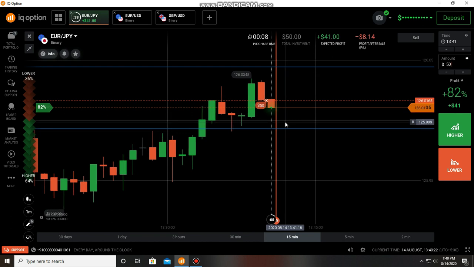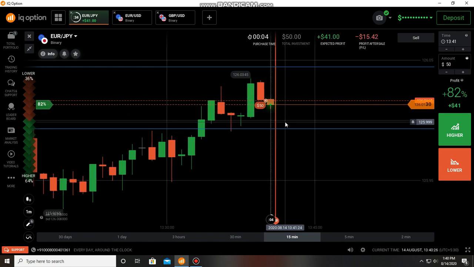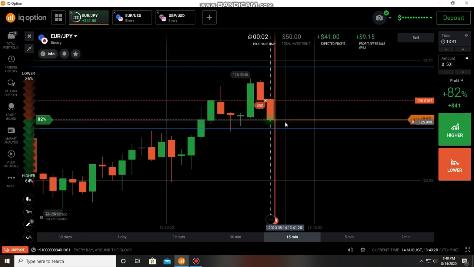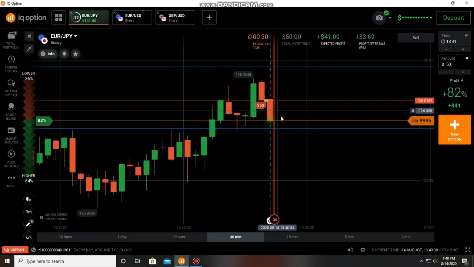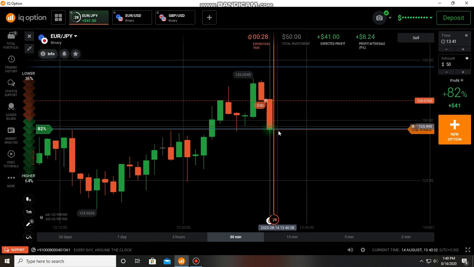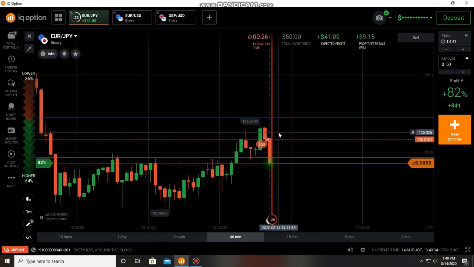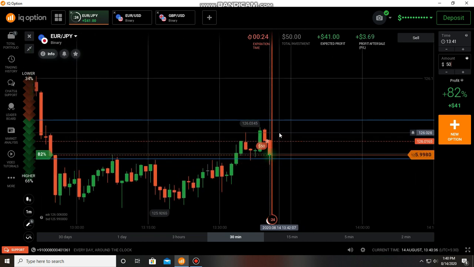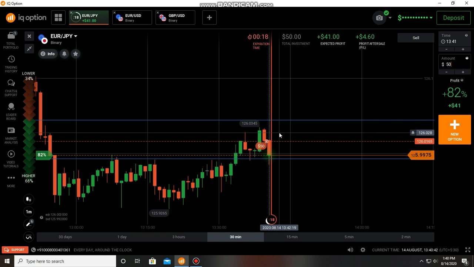It should be bearish. 99% it should be bearish. You can see some strong sellers entry from the same level. And it should be definitely bearish.